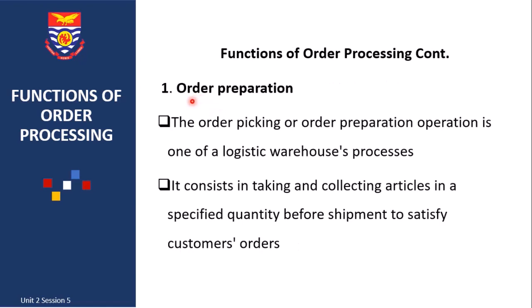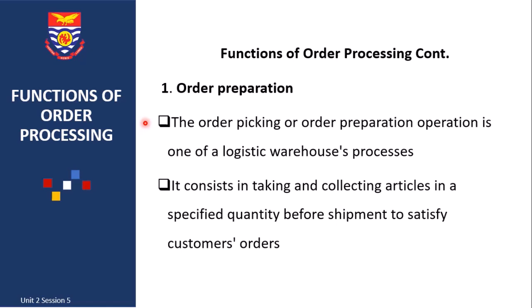So the first one is order preparation. After the customer order has been received by the warehouse operator or by the salesperson, they are supposed to prepare the order in a given form that the customer wants it. Maybe the customer has ordered a different range of items, stationeries, consumables, among others.